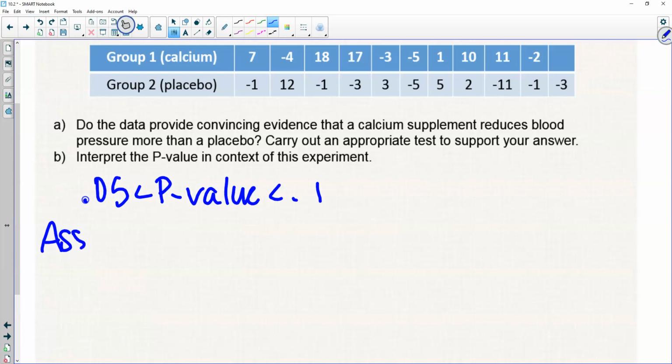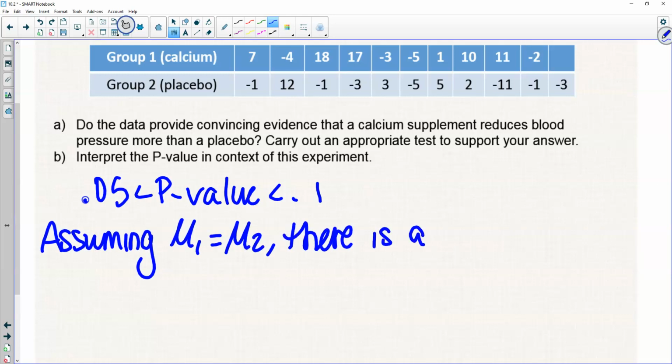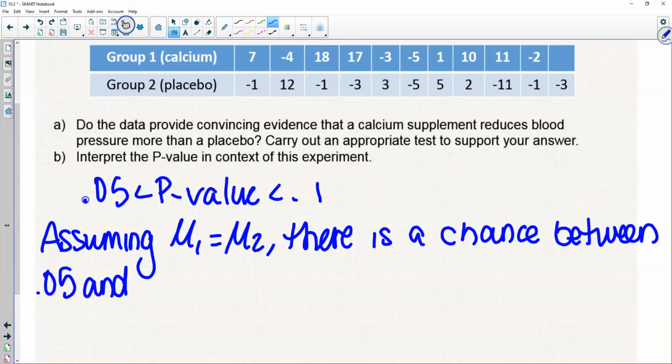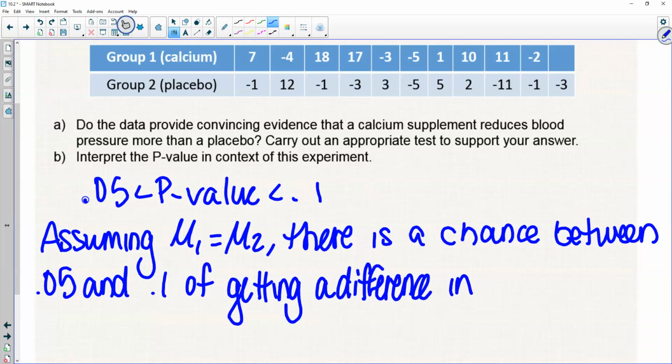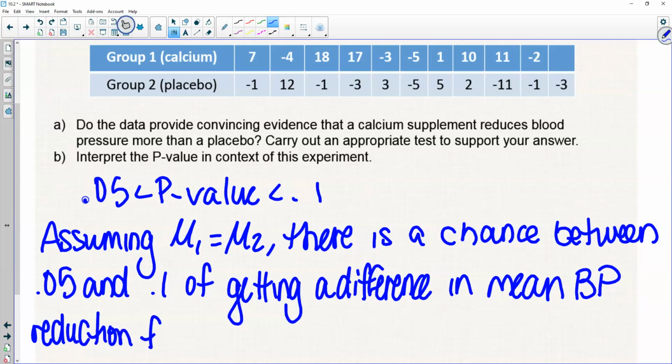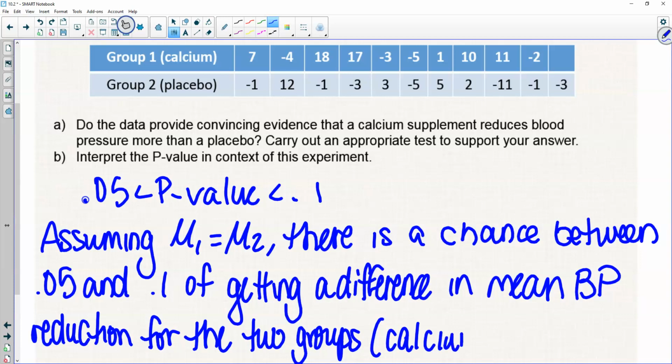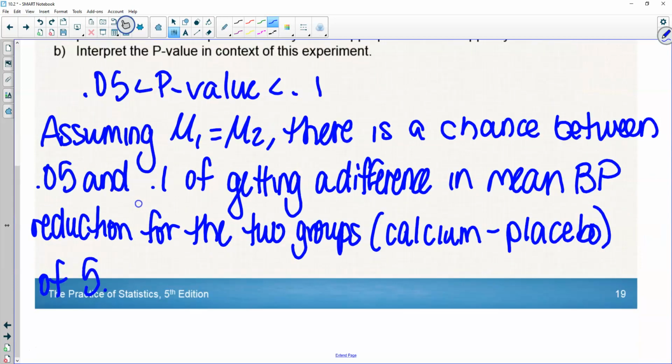So assuming the means are equal, there is a chance between 0.05 and 0.1 of getting a difference in mean blood pressure reduction for the two groups, and we did calcium minus placebo, of 5.273 or greater, just by chance.